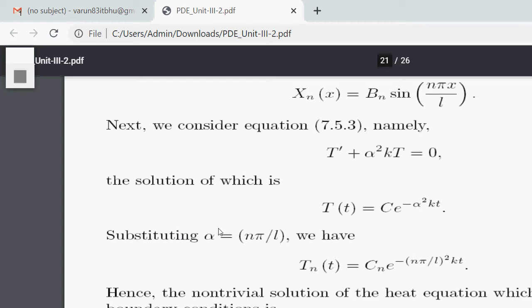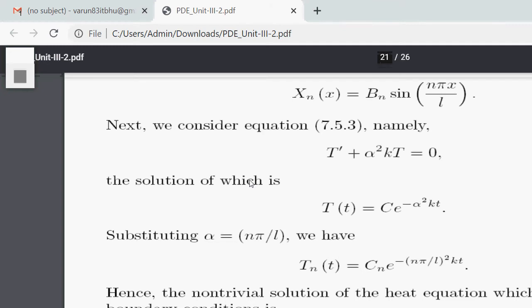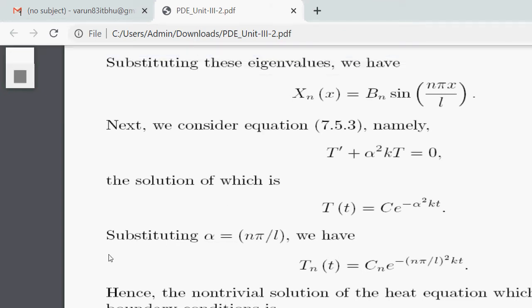Here we get A_n e to the power minus (n pi by L) squared kt into sin n pi x by L for n = 1, 2, 3 and so on, where A_n is B_n into C_n, because in the solution of X_n, B_n is present and in the solution of T_n, C_n is present. Now the product of B_n and C_n is A_n.